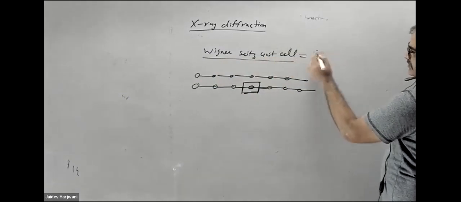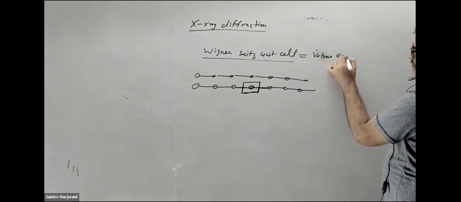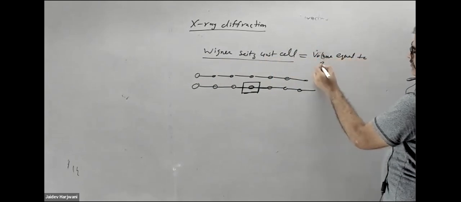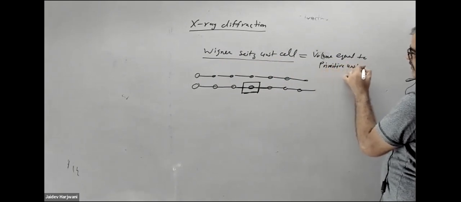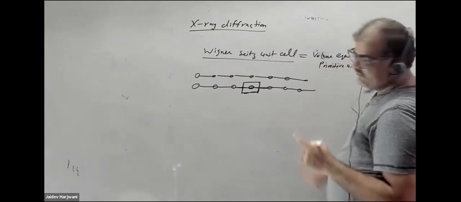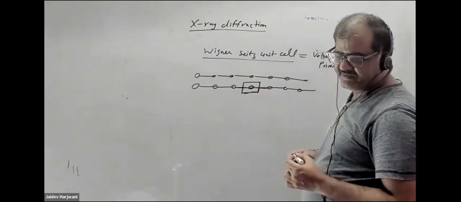Similarly, this also contains only one lattice point, like your primitive cell contains one lattice point.